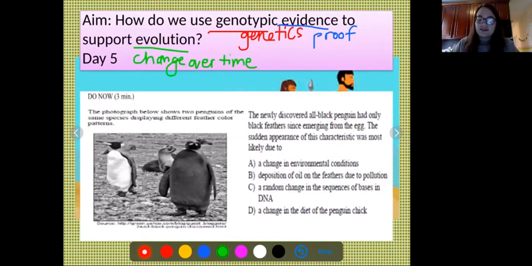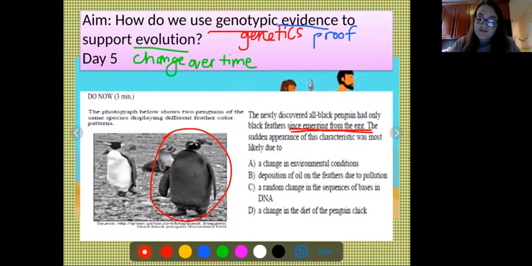In this example, we're trying to figure out what happened to this guy right here. Something happened to him that made all of his feathers black, and that hadn't previously been seen in this penguin population. But something pretty important to pick out is he's had these black feathers since he emerged from the egg. So this happened before he was born.